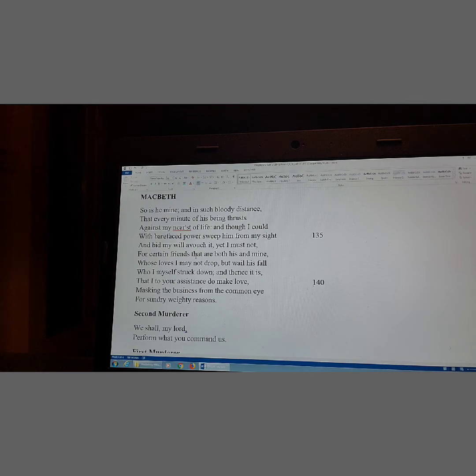And though I could with bare-faced power sweep him from my sight and bid my will avouch it, yet I must not, for certain friends that are his and mine, whose loves I may not drop, but wail his fall who I myself struck down. And thence it is that I to your assistance do make love, masking the business from the common eye for sundry weighty reasons.